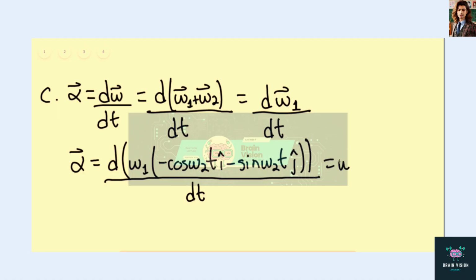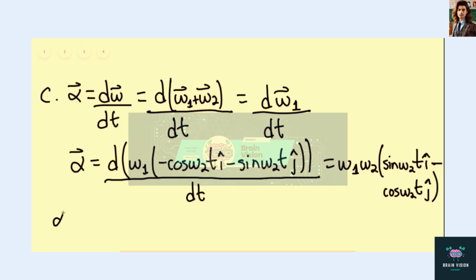And this would be omega sub 1 omega sub 2 multiplied by sine omega sub 2 t i hat, and then minus cosine of omega sub 2 t j hat. You're simply taking the derivative of negative cosine and negative sine.